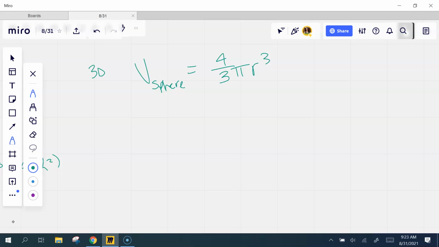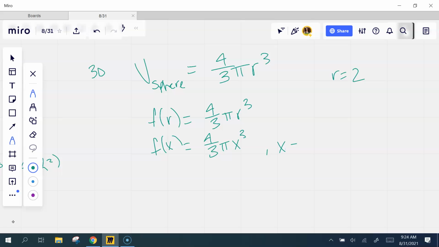So you're looking for rate of change, and since you're talking about r equals 2, just think they've changed the y's to v's, the x's to r's, and you're still in your difference quotient. If you want to put it in terms of what we've been doing, f of r equals 4/3 pi r cubed, or f of x equals 4/3 pi x cubed when x equals 2, knowing that x is really r.